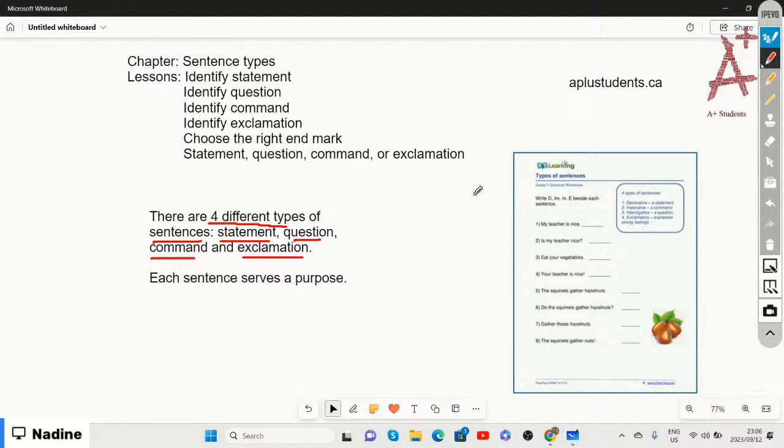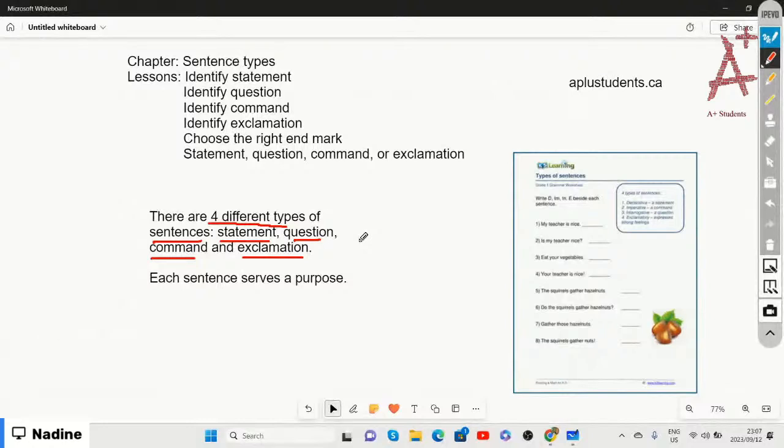And we have a question, right? A question sentence is where you are asking a question, and when we ask a question, we expect a response. So if I ask you, how old are you? What is your name? Then you will respond based on whatever the question is.